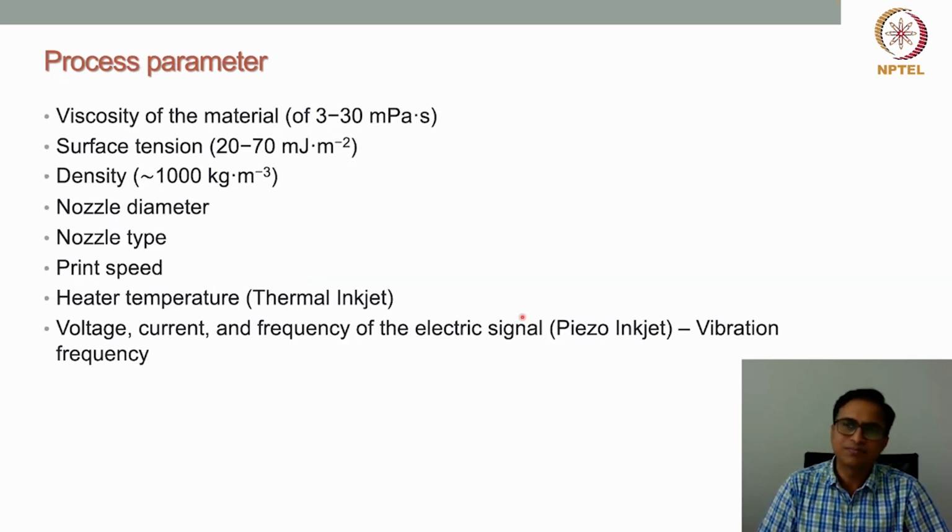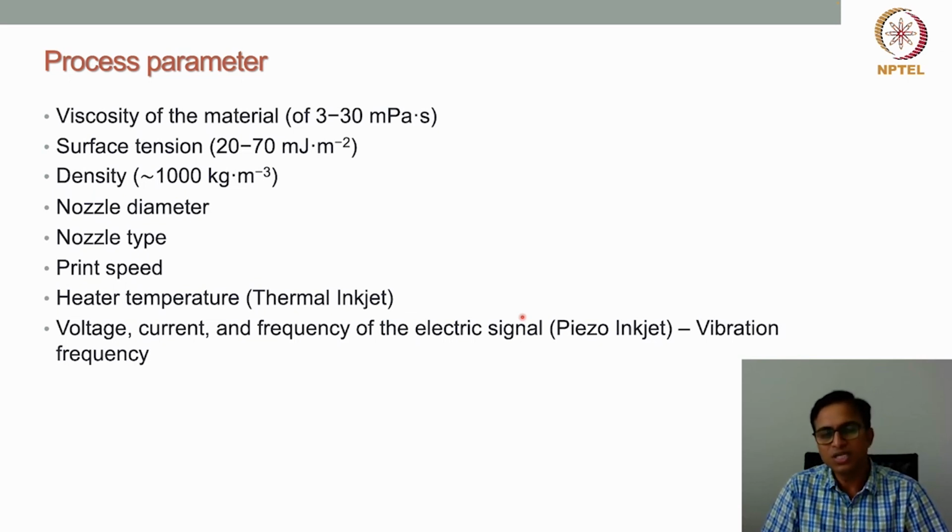The one important thing to remember for using any 3D printer or any 3D bioprinter is that they work on certain process parameters. So there are certain process parameters that we can control while using this kind of printers for certain applications. These are the process parameters for inkjet 3D printing, like viscosity of the material.